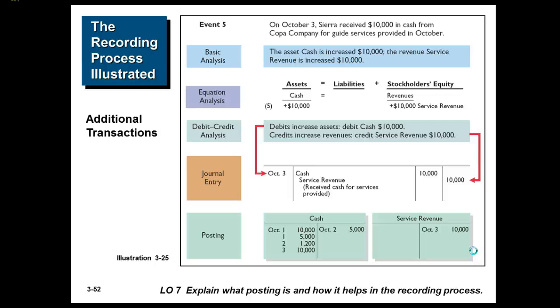Our cash increased, our revenues increased, so we have to think through what's debited, what's credited. We then show the journal entry of cash increasing, which is a debit, of service revenue increasing, which is a credit, and then we post that transaction to those accounts affected, meaning the cash is going to increase $10,000 and our service revenue also increases $10,000.